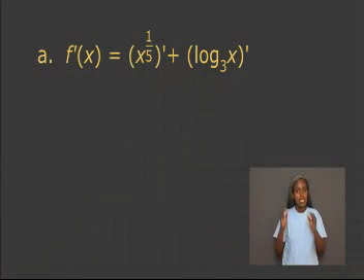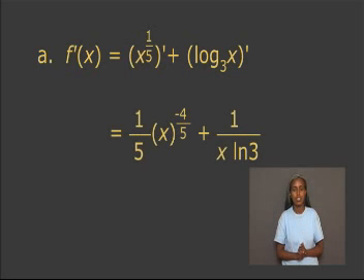Welcome back, everyone. I am sure that you were able to apply the sum and difference rules effectively. The sum rule states that f'(x) is equal to the sum of the derivative of each term. The derivative of x to the power of 1 over 5 is 1 over 5x to the power of 4 over 5.